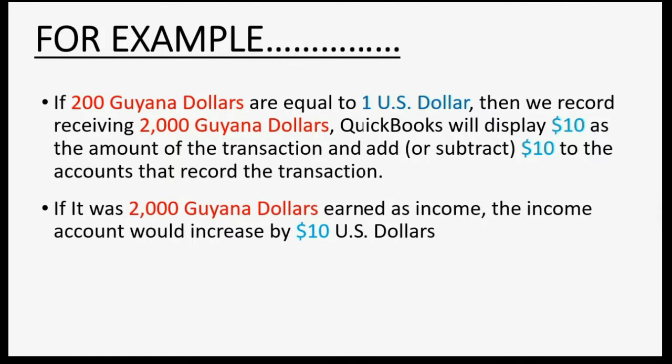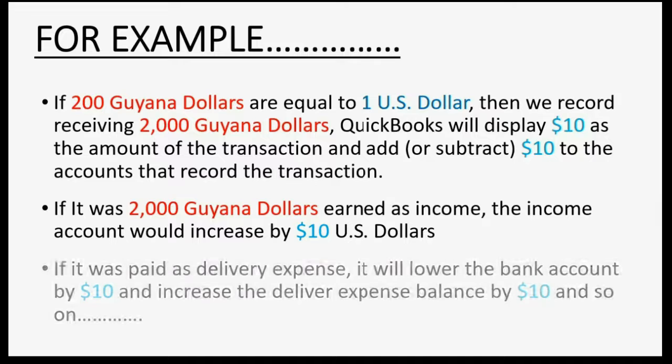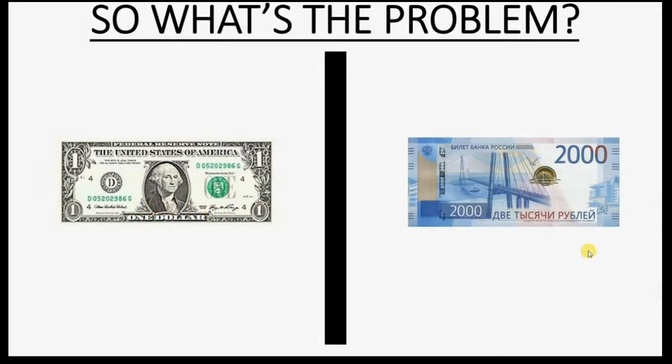If it was 2,000 Guyana dollars earned as income, then for example, the income account would increase by 10 US dollars. And if, for example, it was paid for something like delivery expense, it would lower the bank account by $10 and increase the delivery expense account by $10, because that's what we paid for the 2,000 Guyana dollars, and that's the US equivalent. So what's the problem?